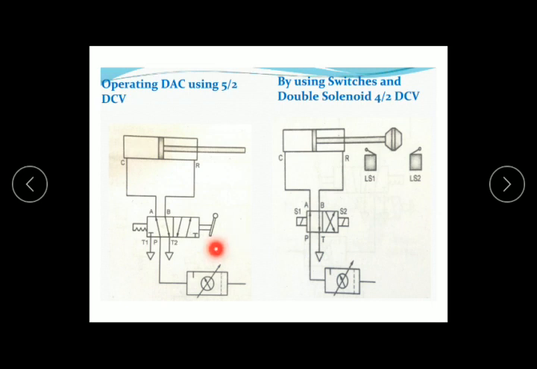So this is the symbol for the FRL unit. Air is passing through the FRL unit. Compressed air from the compressor is passing through the FRL unit. From the FRL unit, the compressed air is passing through the P port, from P port to A and from A to C. At the C port, there will be a utilization of Pascal's law.